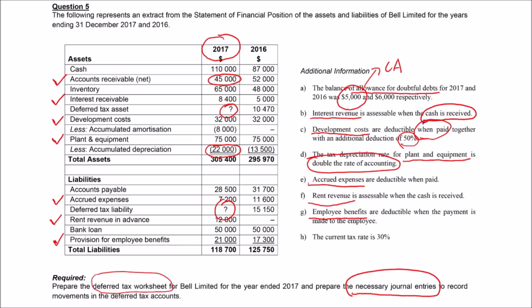Because for 2016, you already have the balance of DTA and DTL. Now you also have the balances for 2017. In order to prepare the journal entry, you need to compare the balance from last year to the balance of this year to see whether we have an increase or decrease in DTL and DTA.